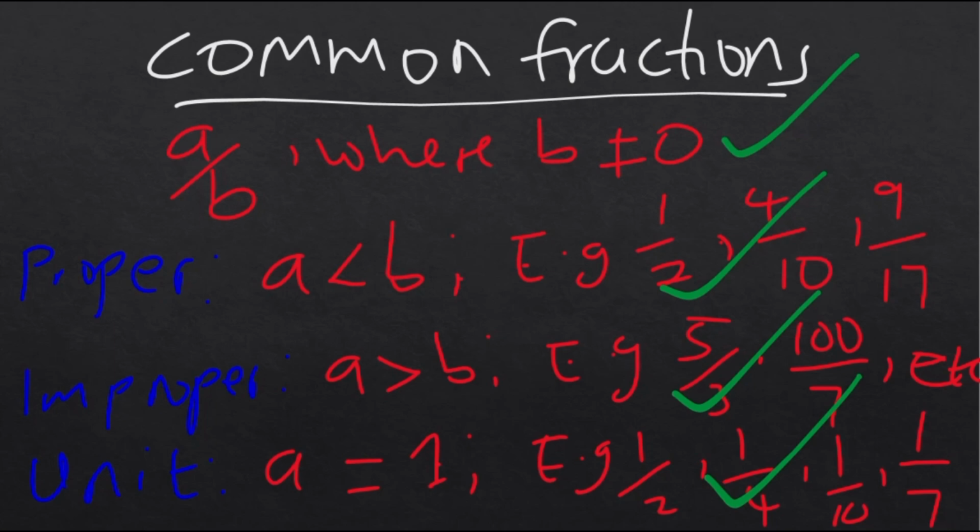So now let's move to the next part, which is mixed fractions. Have you ever heard of 1.5, 2.5, 3.25, and so on? Things like this. Have you ever heard these ones being mentioned somewhere? This is how they are written.